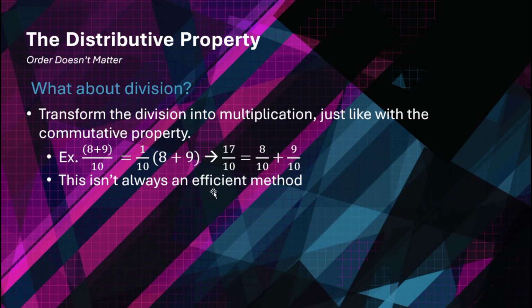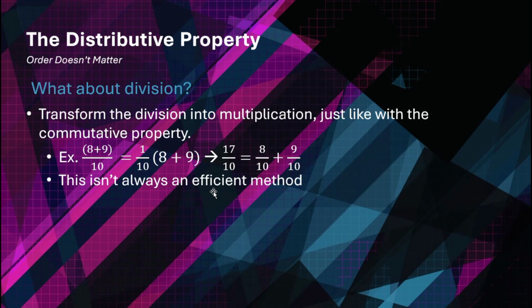But if we distribute 1/10 over 8 and over 9, 1/10 times 8 is 8/10, and 1/10 times 9 is 9/10. And then when you simplify that using your fraction arithmetic rules, you're again going to get 17 over 10. So it's going to be the same regardless.